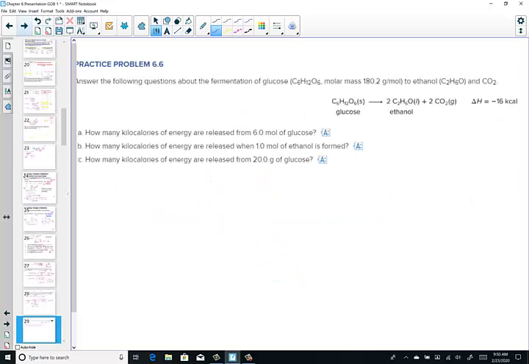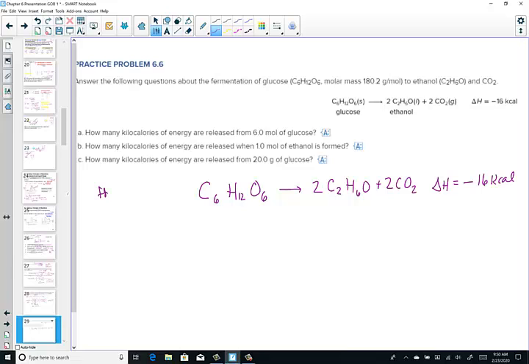Shall we continue? You have 3 more to practice with the glucose. Let's write this equation. We have C6H12O6, and it made 2 molecules of ethanol and 2 molecules of carbon dioxide, and in doing so it released 16 kcals of energy.